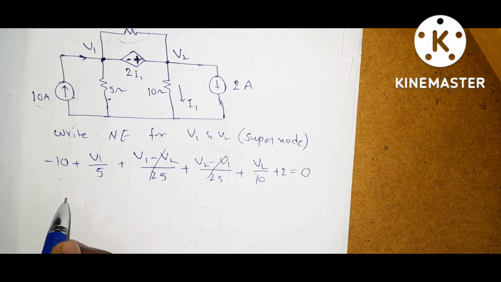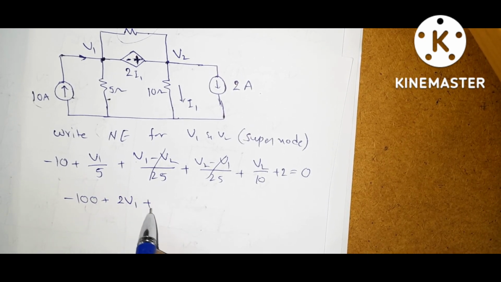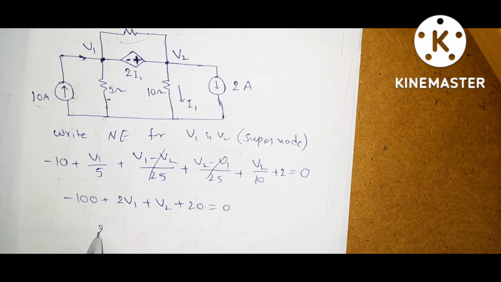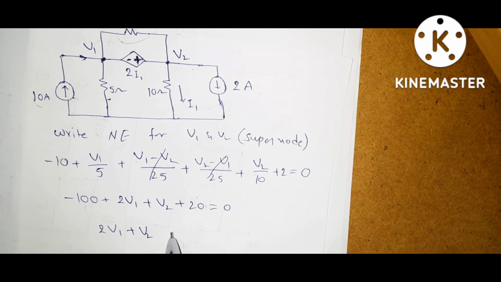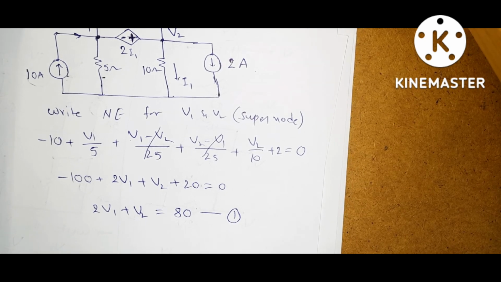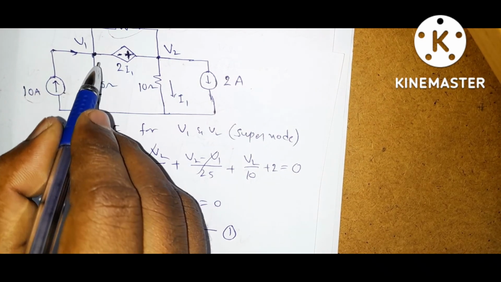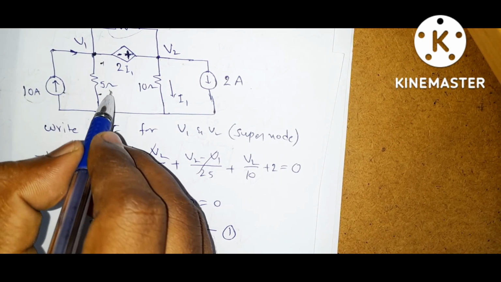Now take LCM. Minus 100 plus 2v1 plus v2 plus 20 is equal to 0. 2v1 plus v2 is equal to 80. Let it be equation 1. Now apply KVL. KVL for this loop. This is inner loop. Here it is v1 plus v1.